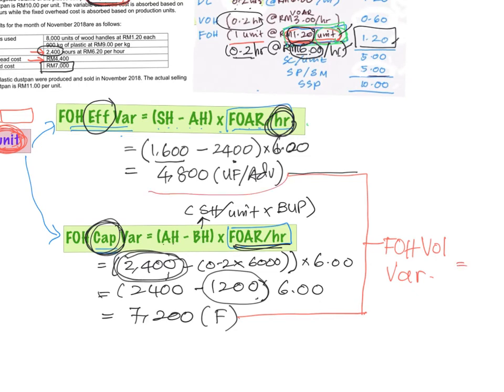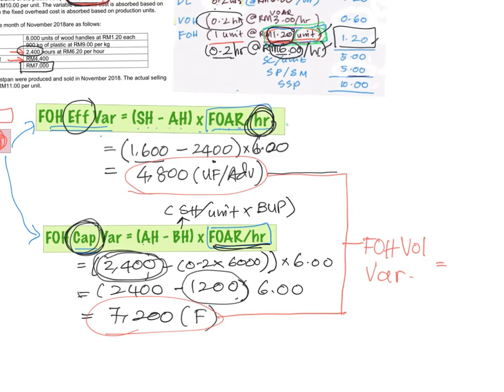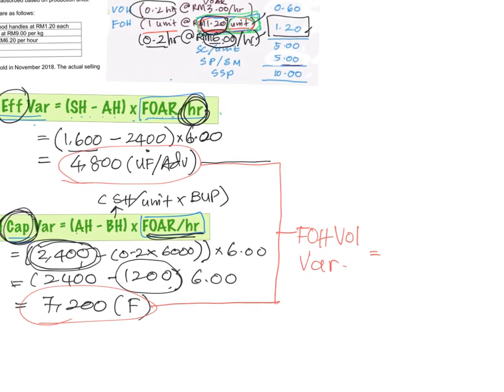You just total up these two figures, 4,800 with 7,200. So here you are going to get the amount of 2,400, which is favorable. Remember, don't just total up this figure and this figure. You also need to consider the favorable or unfavorable. So here you get 2,400 favorable.